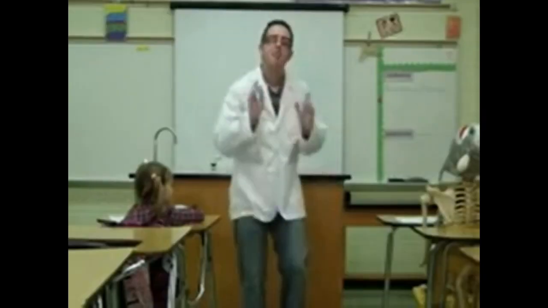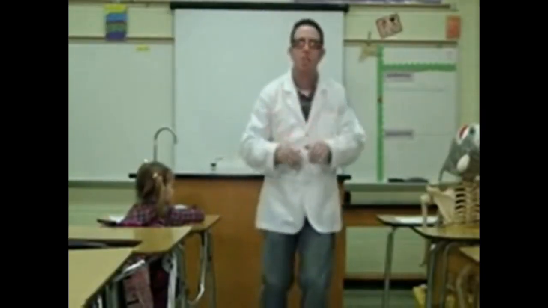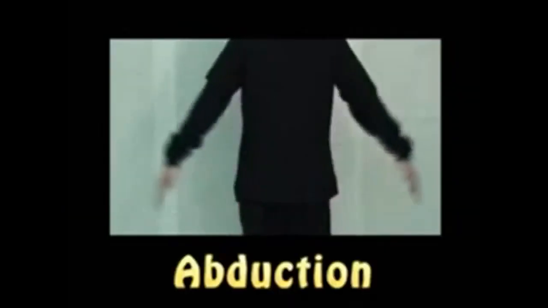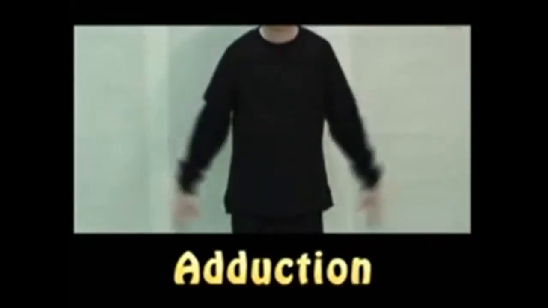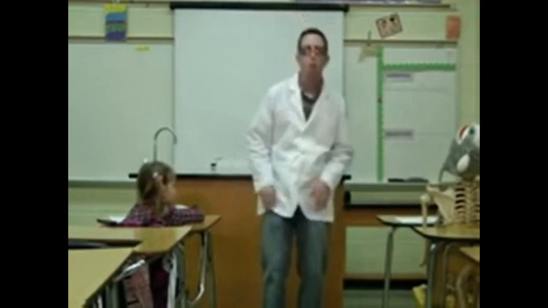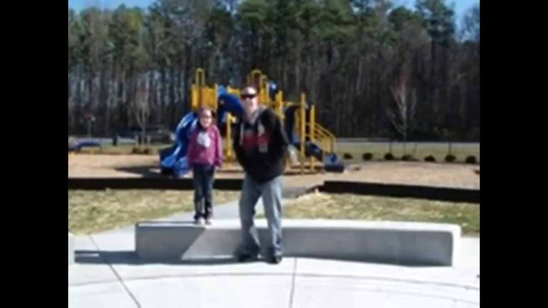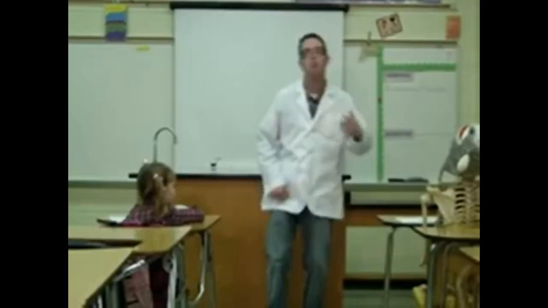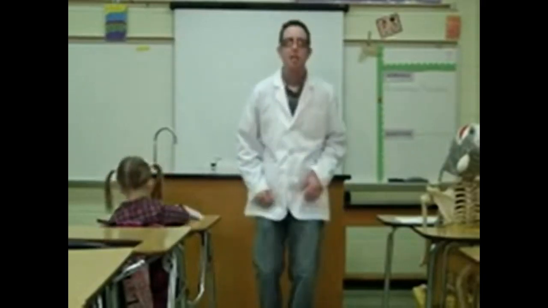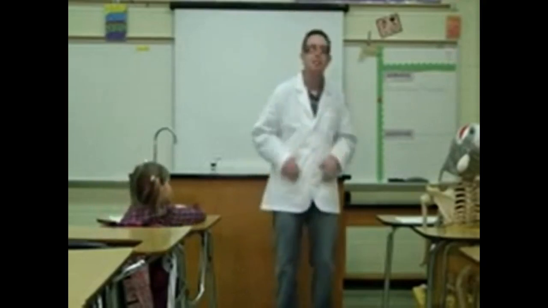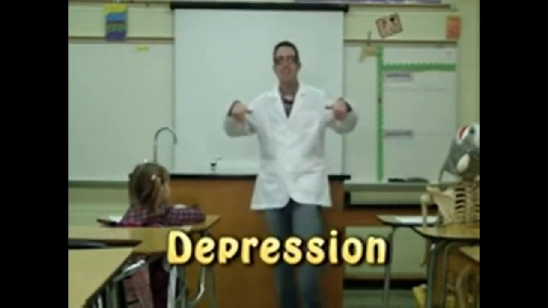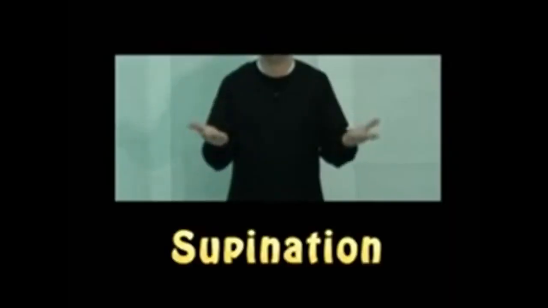There's a few terms left for a discussion. Arms by your side, moving away is abduction. Now keep your arms out, and when you move them back in, that movement there is adduction. These next two movements you're really gonna love. You can do them in the club, looking like a shoulder shrug. Remember this song next time you're with the patient. Lifting up your shoulders is called elevation. Opposite of that is what's next in our lesson. Lowering your shoulders, that's called depression. Last one is supination with the palms up. Pronation's when it's facing down, that's what's up.